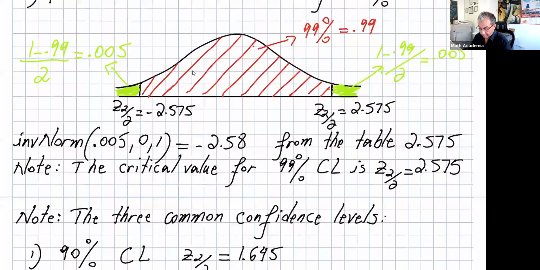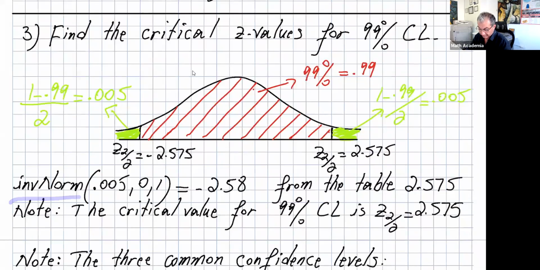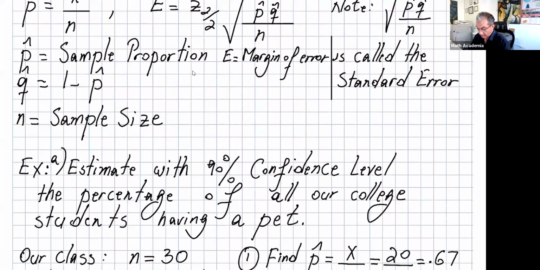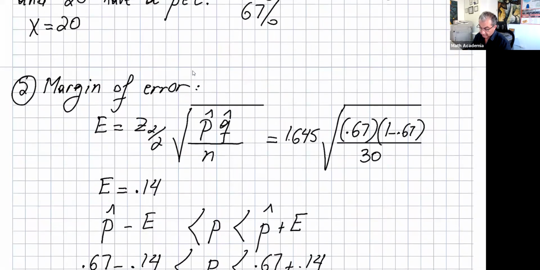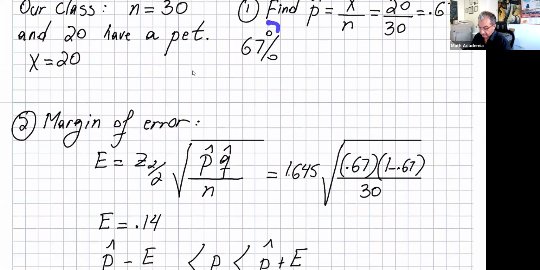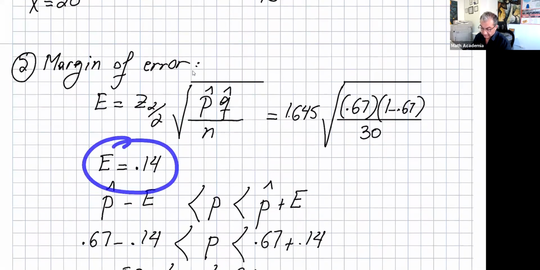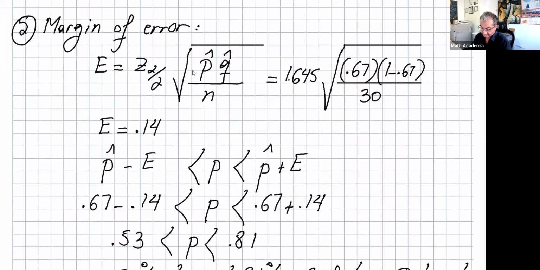If you don't remember, use your calculator, inverse norm, and always use the positive one. So 1.645 times square root of 0.67 times 1 minus 0.67 over 30, which is the sample size. If you do that, you get 0.14.